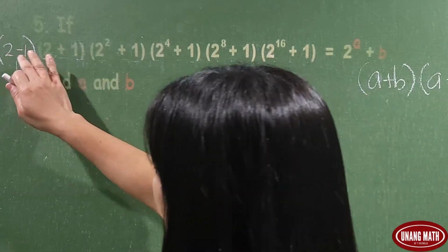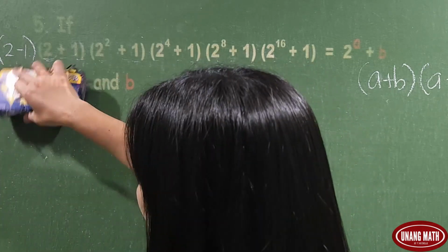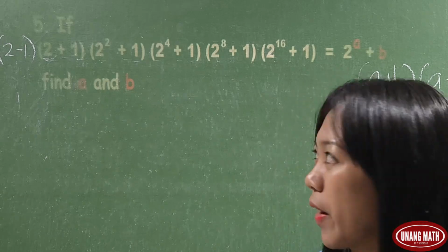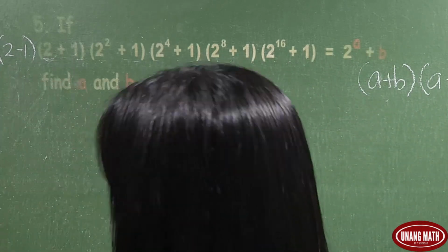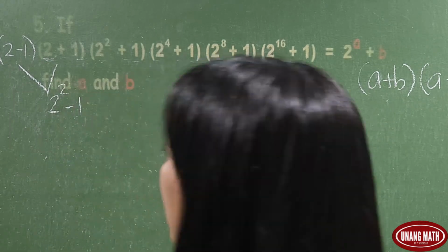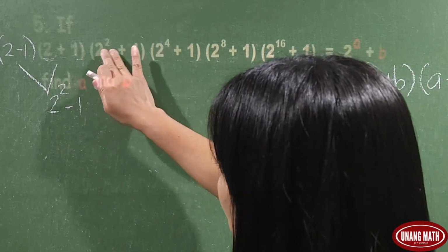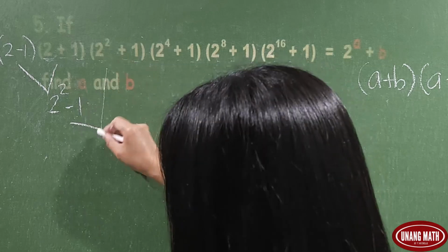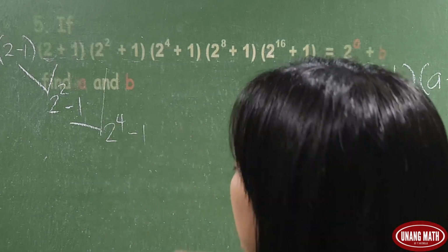So we now have 2 minus 1 times 2 plus 1. We can now use difference of squares. So 2 minus 1 times 2 plus 1 is equal to 2 squared minus 1. Multiply this by 2 squared plus 1. So this is also difference of squares. So this is 2 raised to the power of 4 minus 1.